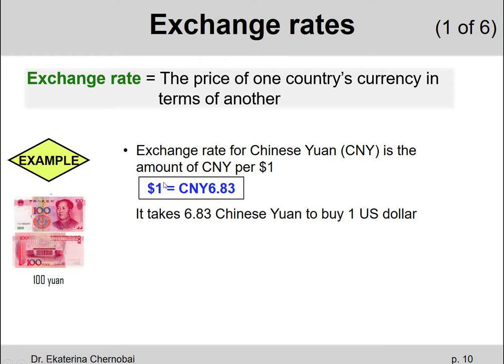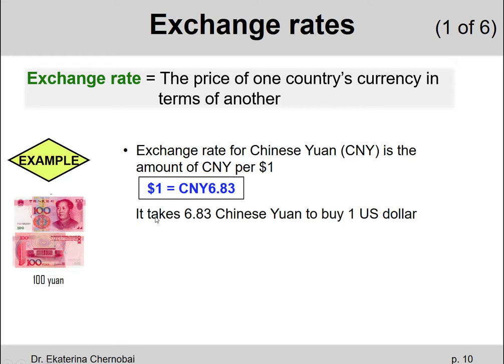So if American tourists travel to China, they bring dollars to the local banks, and the local banks for every dollar will give them 6.83 Chinese yuan.